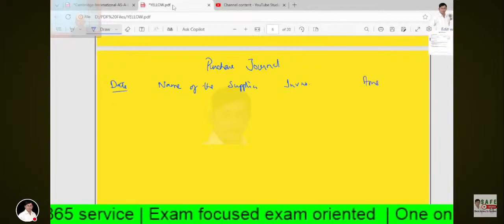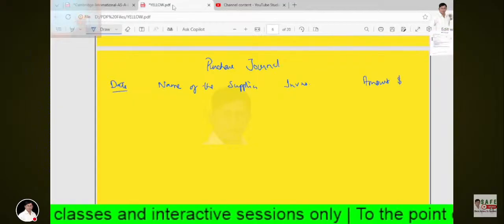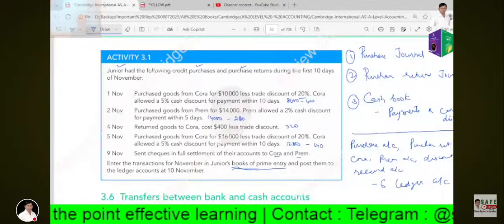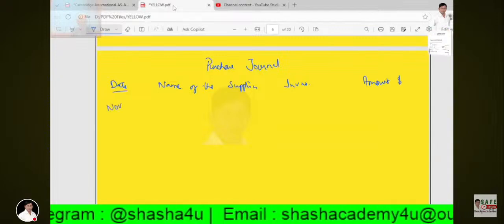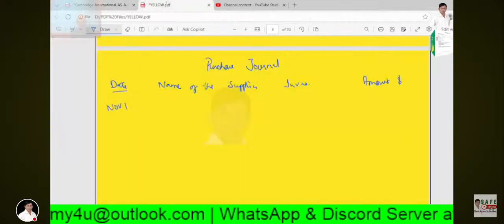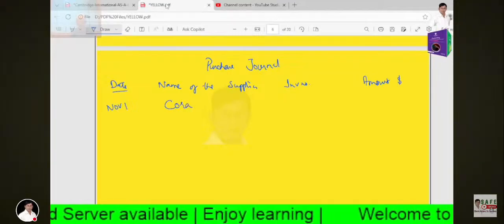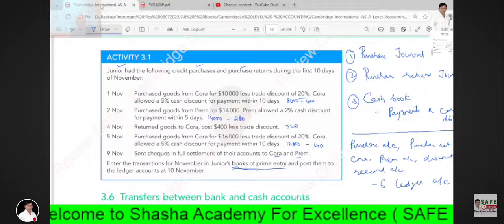Amount in dollars. First, what is the date? We have purchased on 1st November from Cora. Invoice number is not given, so don't worry.